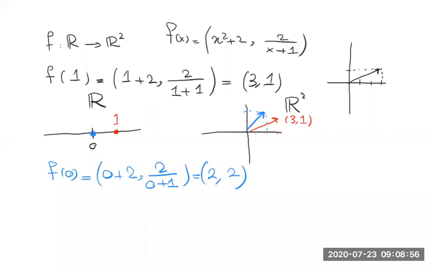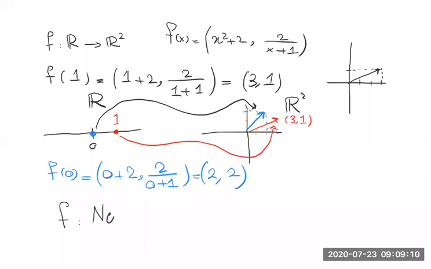So this function sends 0 to this vector, sends 1 to this other vector. So you see, f is a function which sends numbers to vectors. This is what we call a vector valued function.